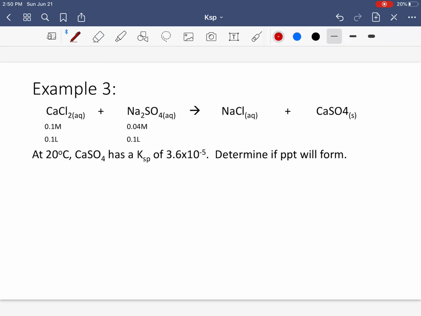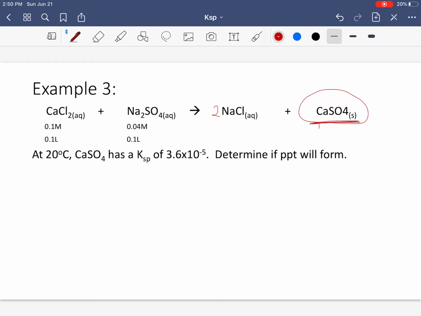All right, I have a question right here. So you're reacting calcium chloride with sodium sulfate. Let me make sure that this is balanced. What you're going to get is 2 moles of sodium chloride and a mole of calcium sulfate. I want to know if this will actually form, if this has reached the Ksp point.